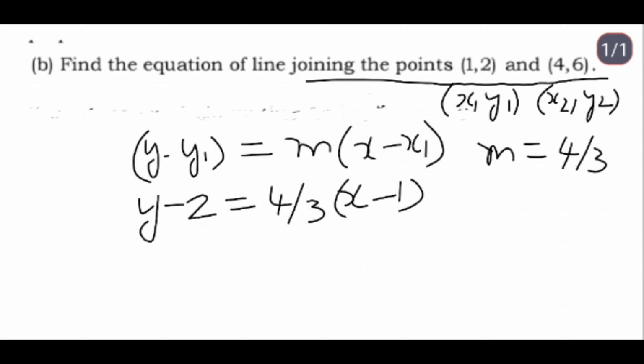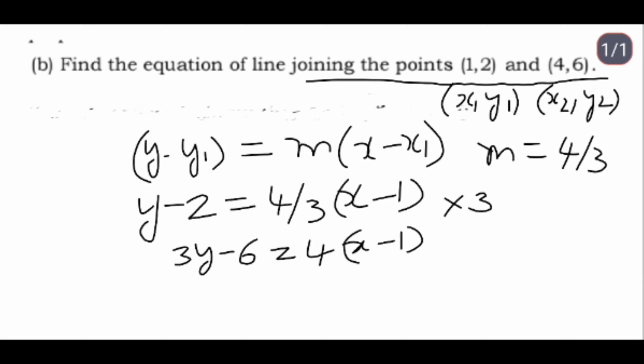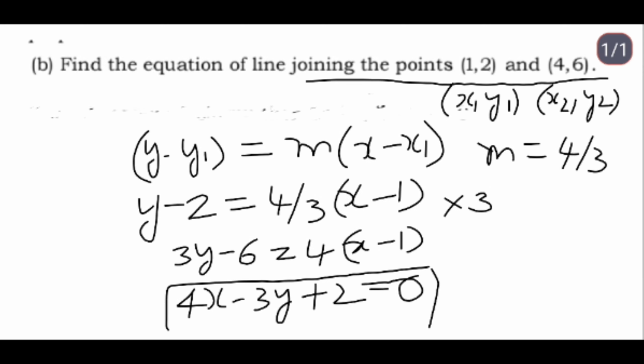Now I am going to multiply by 3 on both sides, so you will get 3y - 6 = 4x - 4. If you modify the equation, you will get 4x - 3y + 2 = 0. This will be the answer for this question.